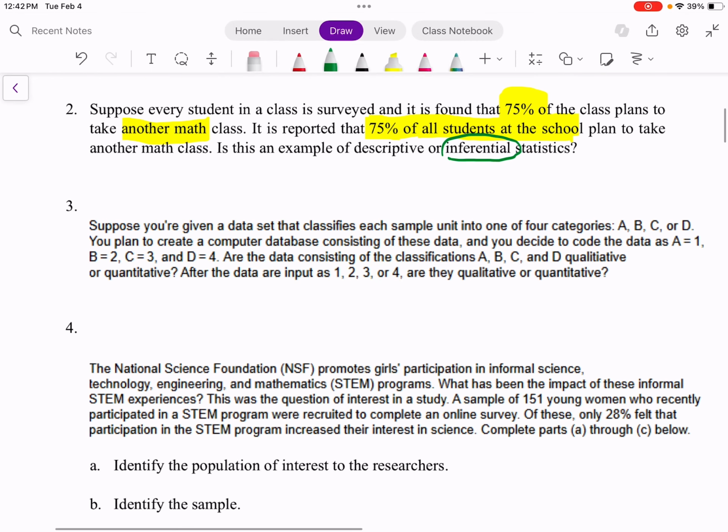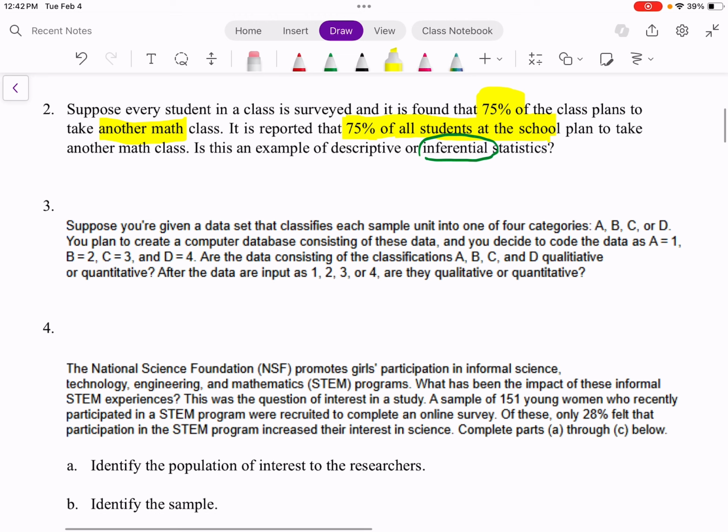So the next one, number 3. Suppose you are given a data set that classifies each sample unit into one of 4 categories. You plan to create a computer database consisting of this data, and you decide to code the data as 1 for A, 2 for B, 3 for C, and 4 for D. Are the data consisting of the classification A, B, C, D qualitative or quantitative?